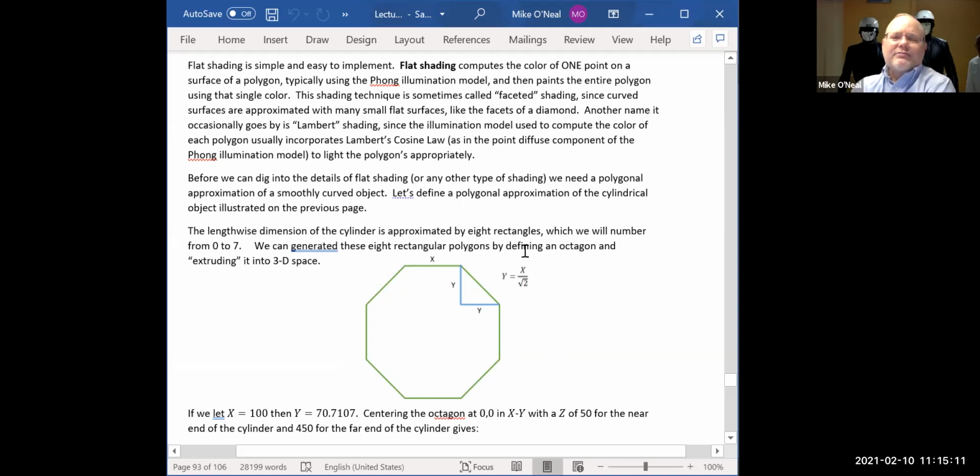Well, there's this relationship here. If x, I made it 100 in mine. If each of the edges is 100, then this y here and here gives you both the vertical offset and the horizontal offset when you have one of these angular, 45-degree lines.